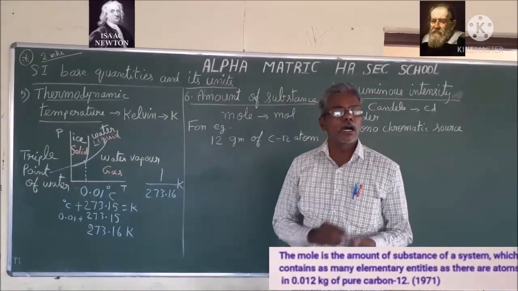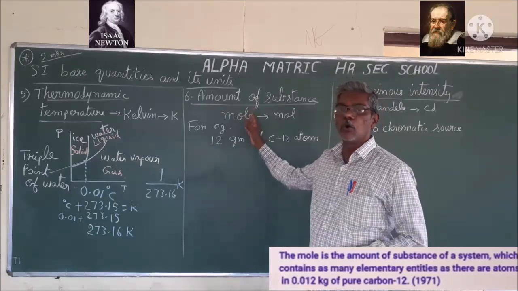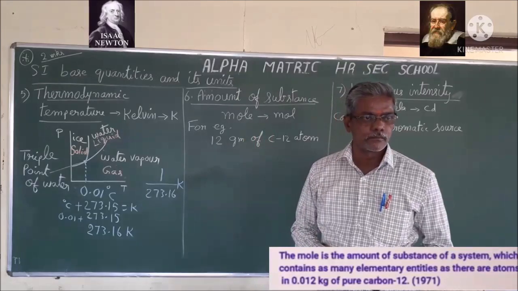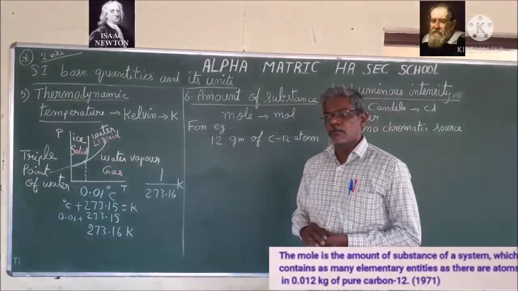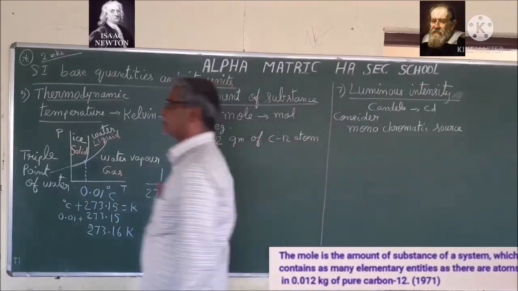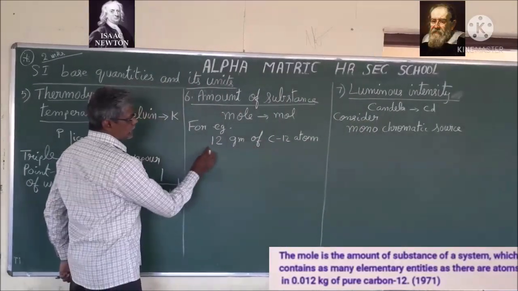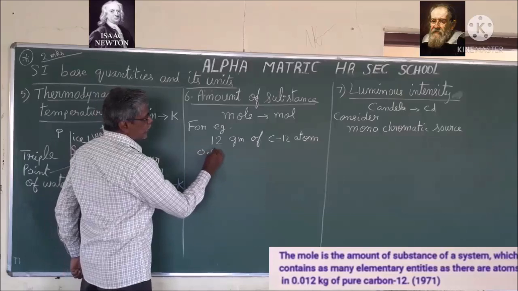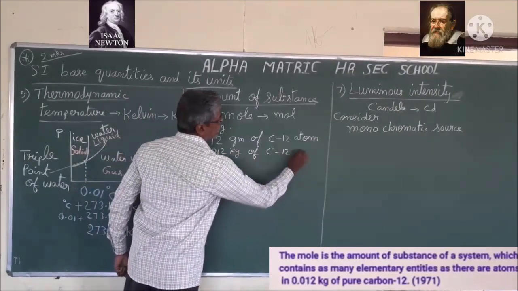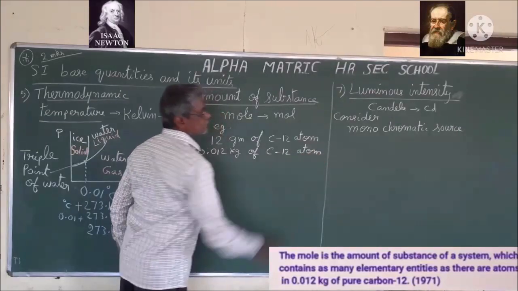Now we are going to amount of substance. The unit for amount of substance is mole and the symbol is mol. For example, you take 12 gram of carbon 12 atom, or I can write this 12 gram as 0.012 kilogram of carbon 12 atom.